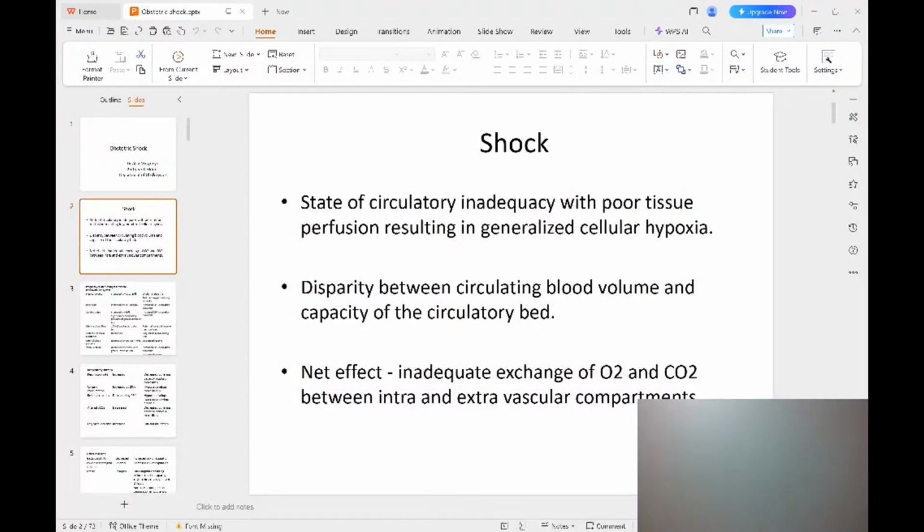So we all medical professionals know about shock, and this is a very dreaded complication. It is defined as a state of circulatory inadequacy with poor tissue perfusion, and it results in generalized tissue hypoxia.